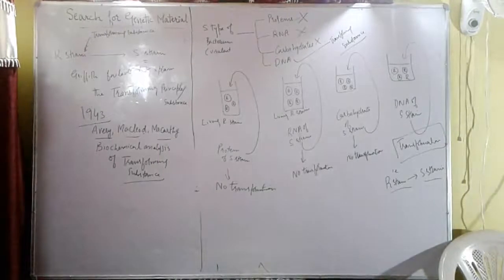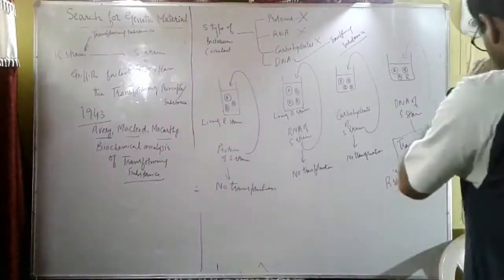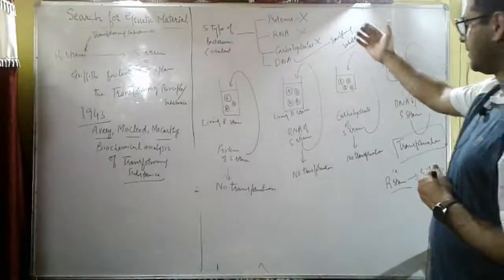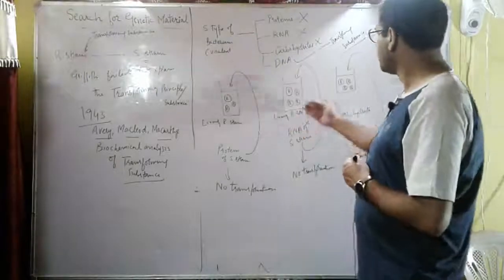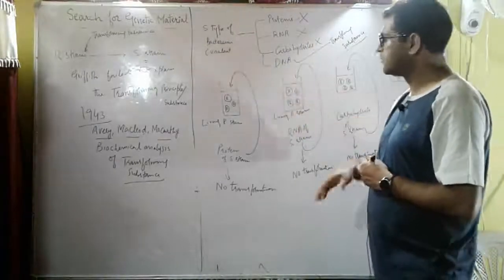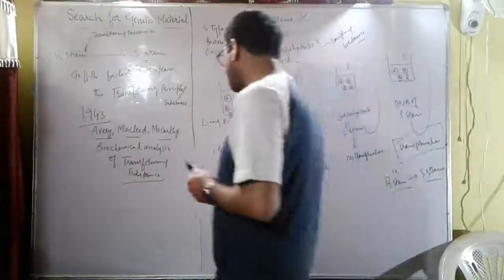So this clearly shows that it is the DNA of the smooth type of bacterium which has transformed the R type of bacterium into the S type of bacterium.